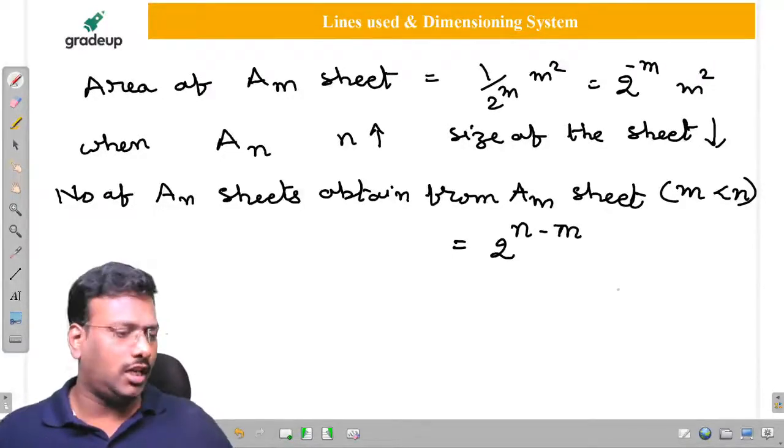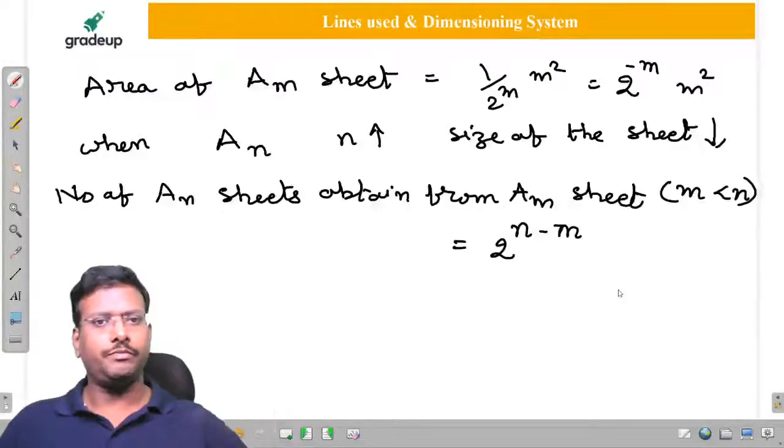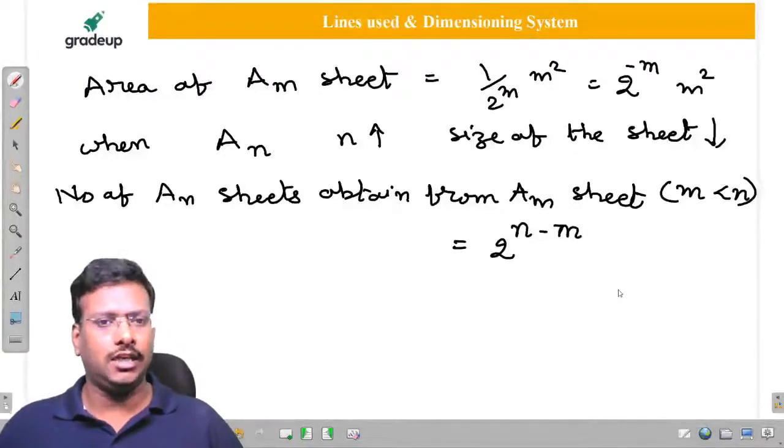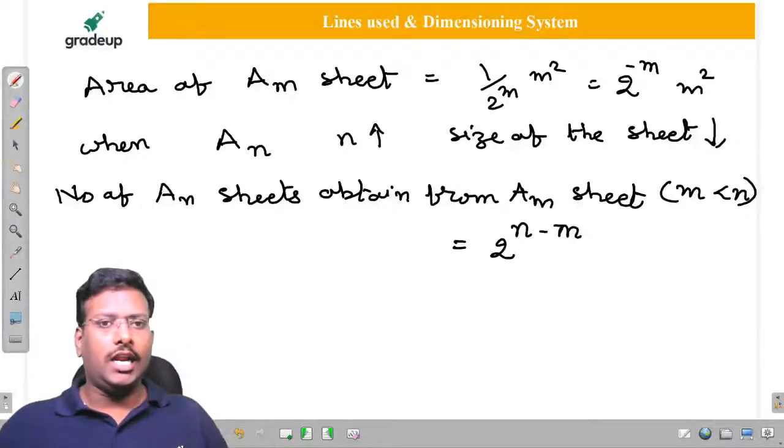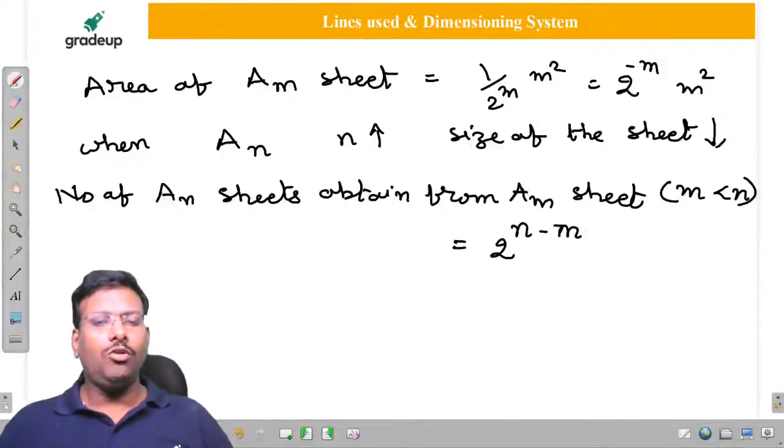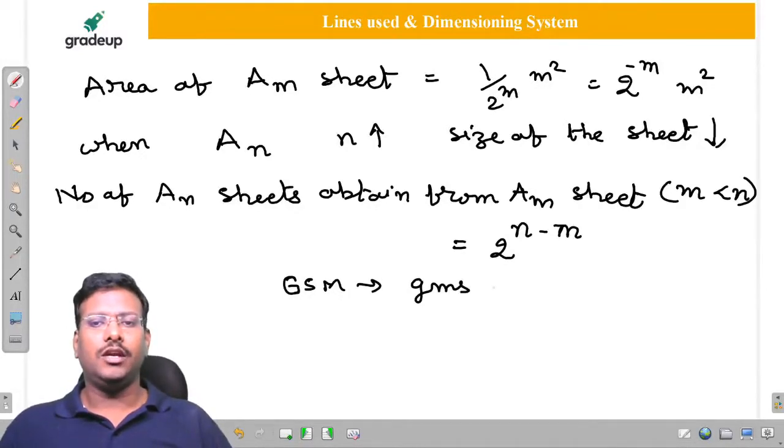I hope yesterday itself I gave one numerical also, which we considered from this. Now another thing you have to know is what is meant by GSM. That is grams per square meter.